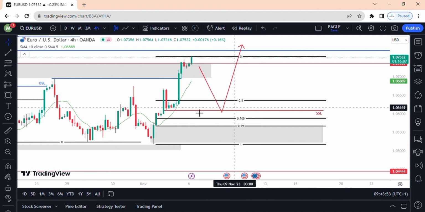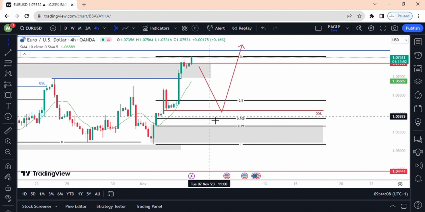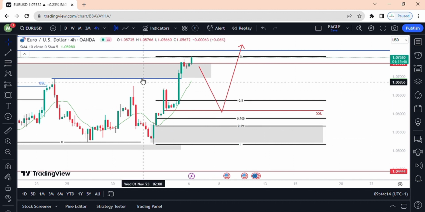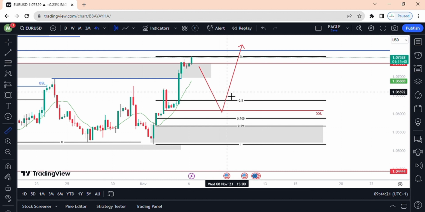My entry number 1 will be below this liquidity, the sell side liquidity, and entry number 2 will be the order block. Now I'm going to ignore this order block, because most times if price gets there, if you add manipulation and whatever, price may likely break this level. So at least I'm going to be risking a few percentage if I actually get into this trade.